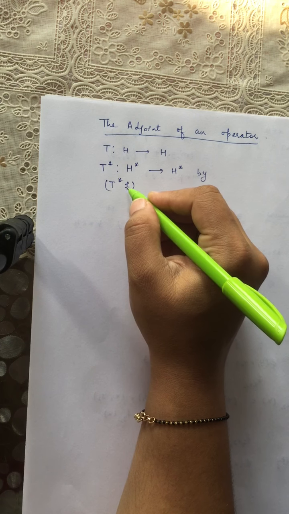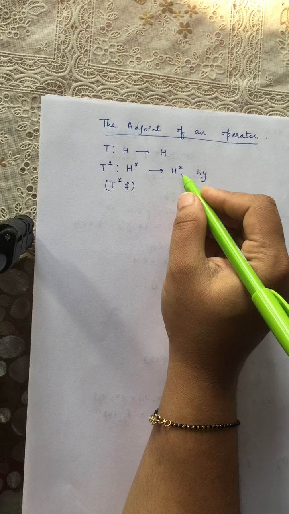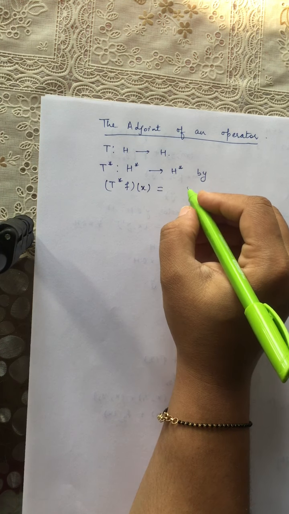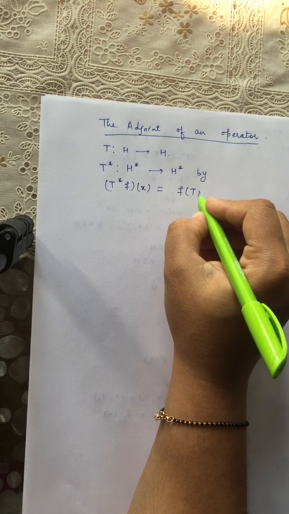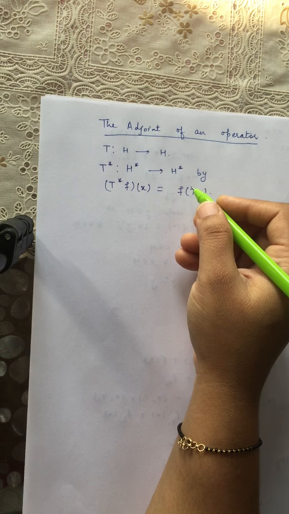Because T star of any functional f should also be an element of H star, which means it is also a functional, it is defined at every x in H by f of Tx. So basically T star f is just f circle T, the composition of f and T.